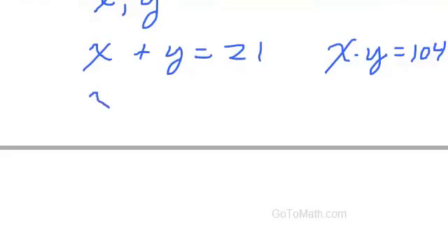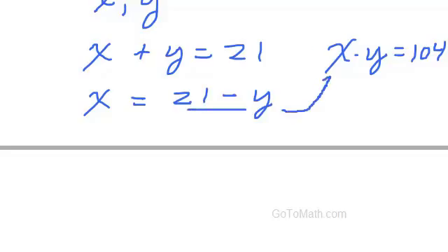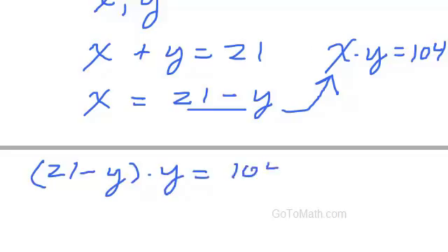Let's just go ahead and solve for x in this problem. So we have 21 minus y. Right, so over here we're going to put the 21 minus y in for x. Okay, so we're going to have 21 minus y times y is equal to 104.